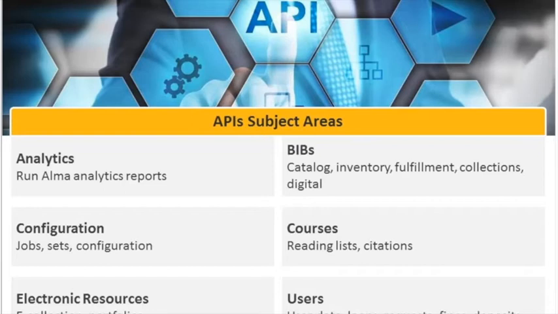In terms of bibliographic records, for catalog, for inventory, for fulfillment, for collections, and also for our new digital functionality. In terms of courses, for reading lists and citations. And finally, and very importantly, for users, areas of user data, of loans, of requests, of fines, and deposit when we talk about our ALMA for digital resources functionality as well. So as I said, this continues to be enhanced with our monthly releases, more subject areas added, and continued development in this area.